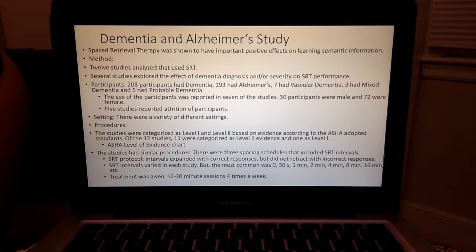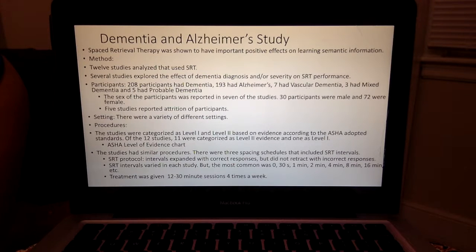And from the 12 studies, 7 of them reported the sex of the participants, of which 30 participants were male and 72 were female. And out of the 12 studies, 5 reported attrition of the participants, and attrition means that there was a death of a participant, which is not uncommon in this population because unfortunately dementia does happen at the end of life.